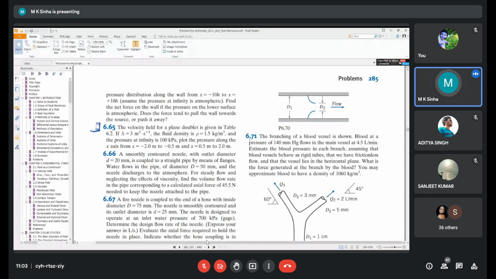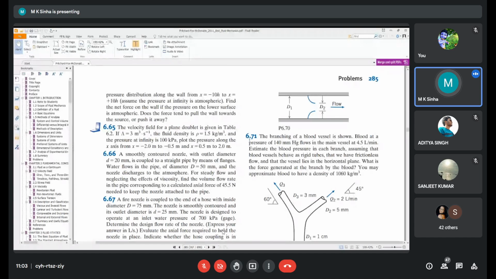A smoothly contoured nozzle with outlet diameter small d equal to 20 mm is coupled to a straight pipe by means of flanges. Water flows in the pipe of diameter capital D equal to 50 mm and the nozzle discharges to the atmosphere.